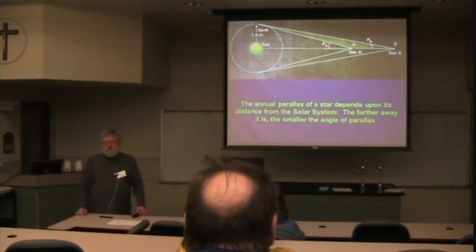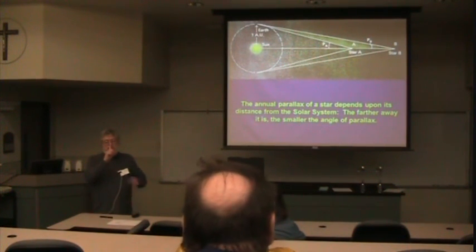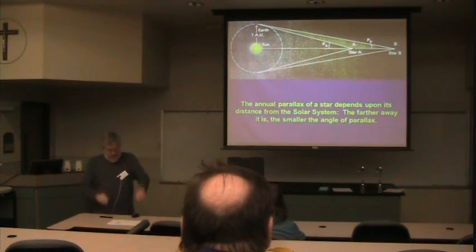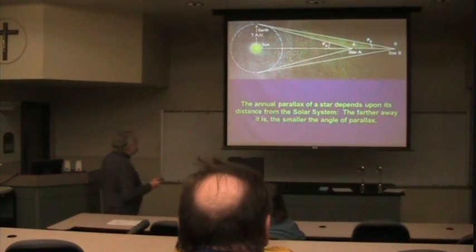Once again, using your blinking technique, if you put one finger pretty close to your nose, another one out at arm's length, and you switch your eyes back and forth, you'll see that your nearer finger seems to jump back and forth a lot more than the farther one. And the parallax amount is inversely related to the distance.